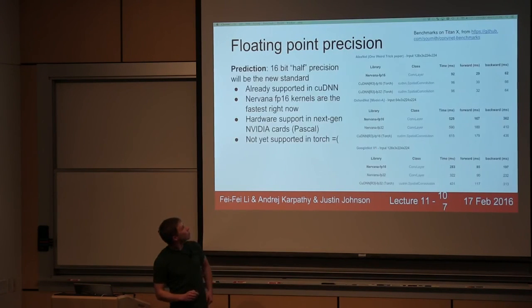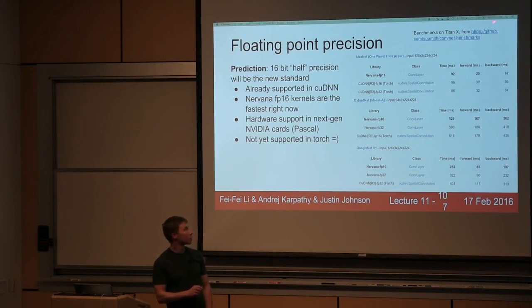In addition to 32-bit floating point, there's also a standard for 16-bit floating point, sometimes called half precision. Recent versions of cuDNN do support computing things in half precision, so that's cool. There are also some other existing implementations from a company called Nervana, who also has 16-bit implementations. These are the fastest convolutions out there right now.